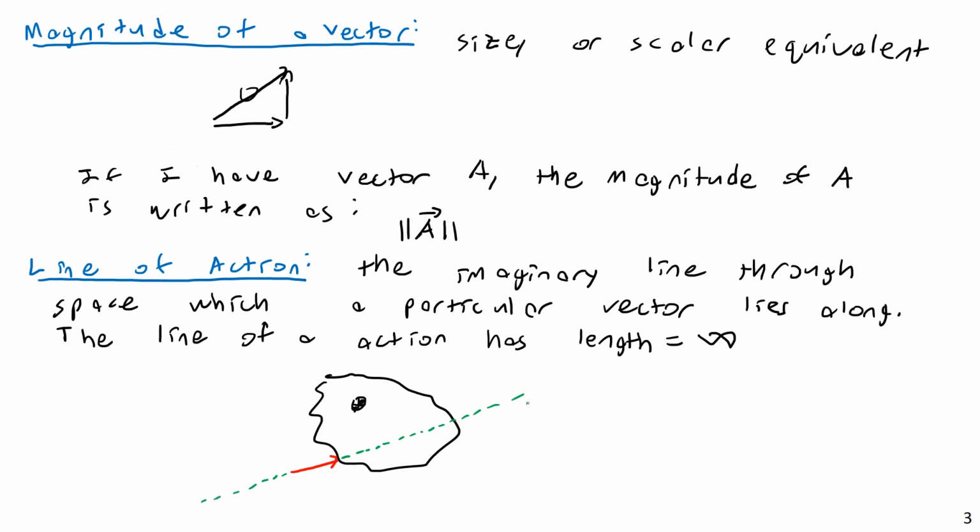But its line of action, if I was standing here, would still be passing through me. The effects of the force itself terminate on whatever objects it's in physical contact with, but the line of action extends backwards and forwards to positive infinity and negative infinity. And that is a good idea for the definition of a line of action.